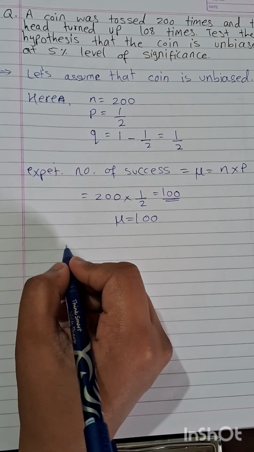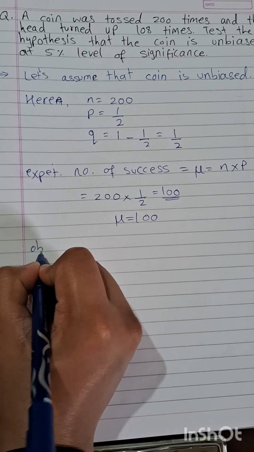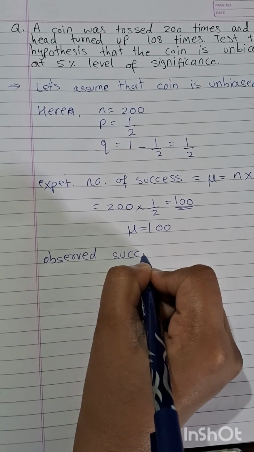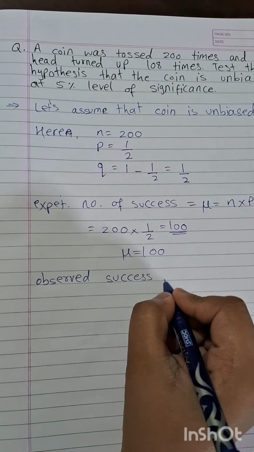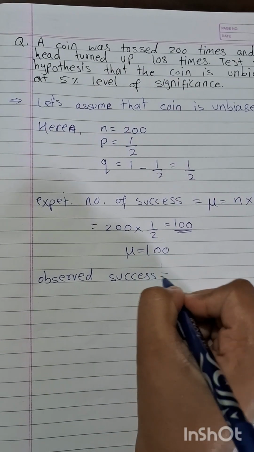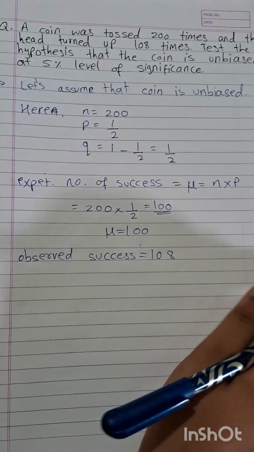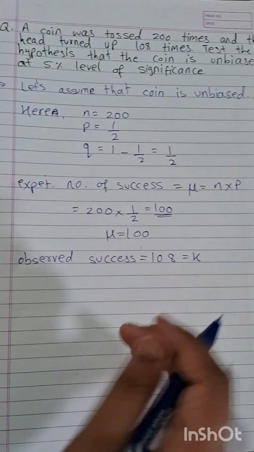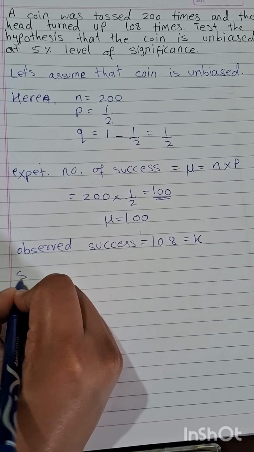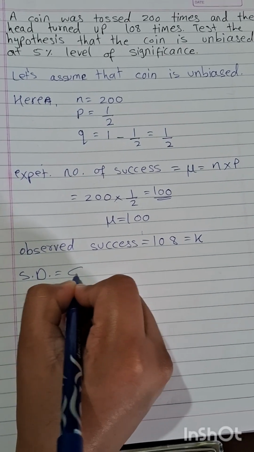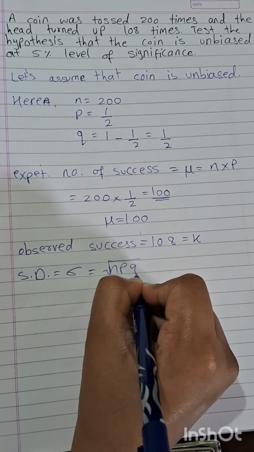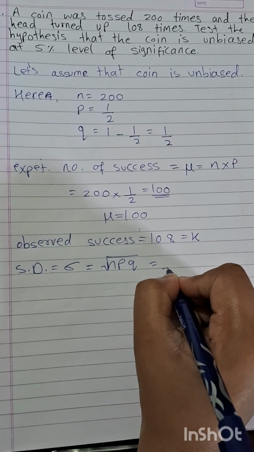Now the observed success, which is 108 times, which is also known as x. So here, first of all, we will calculate the standard deviation sigma with its formula, under root npq.